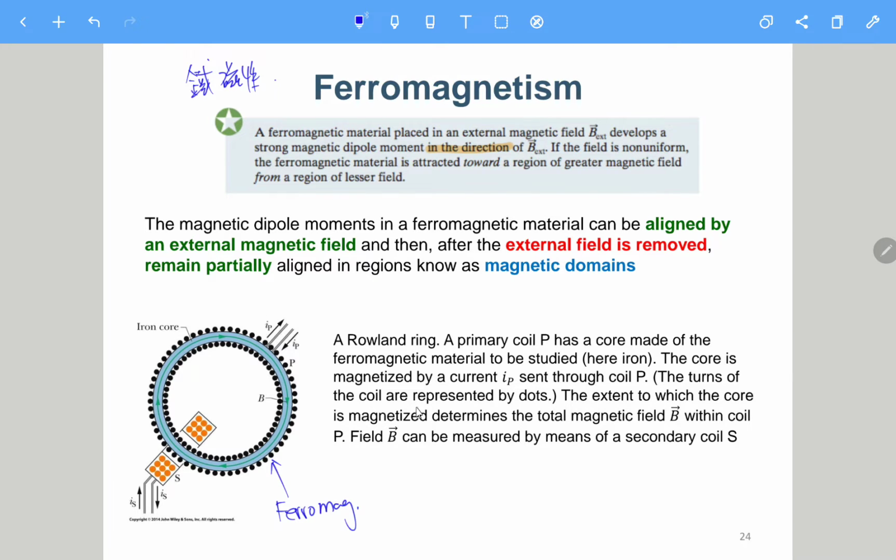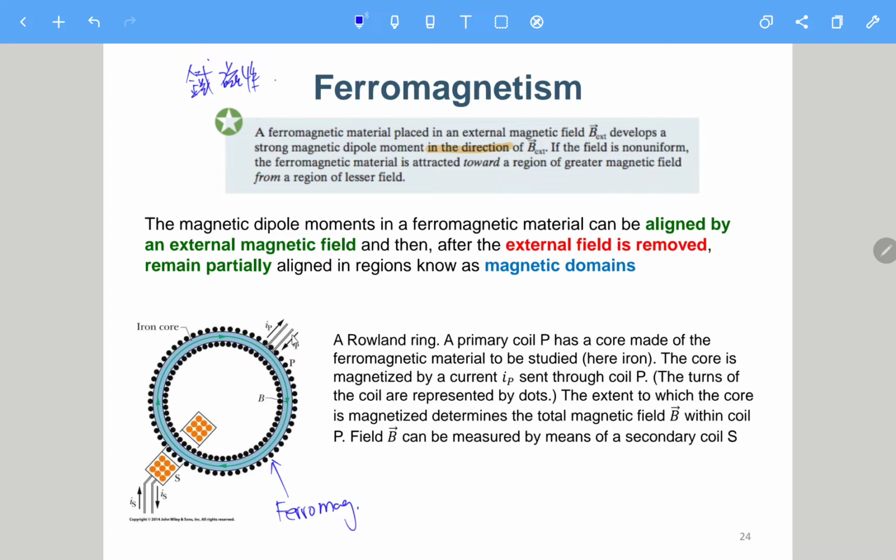The turns of the coil are represented by dots, and the extent to which the material is magnetized determines the total magnetic field B within the coil P. Field B can be measured by means of the secondary coil.